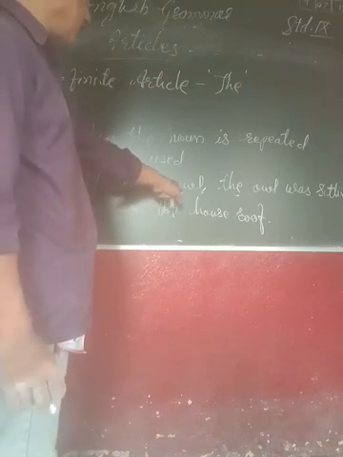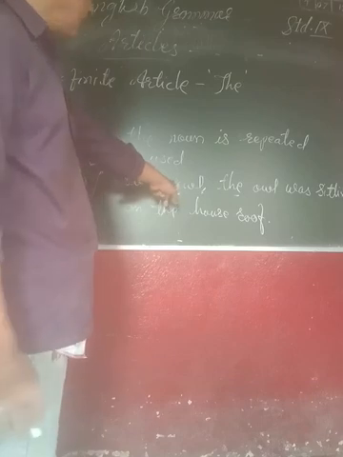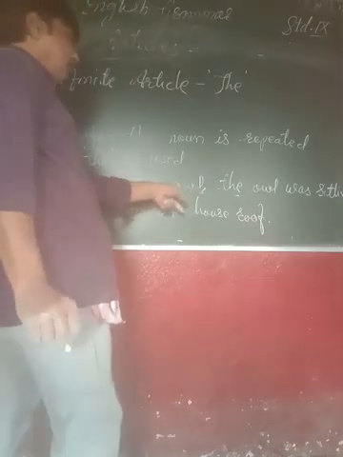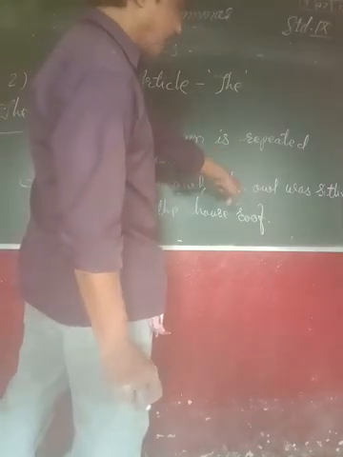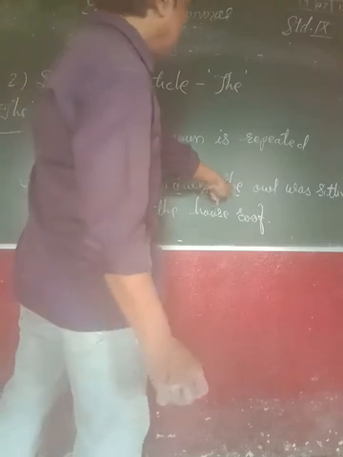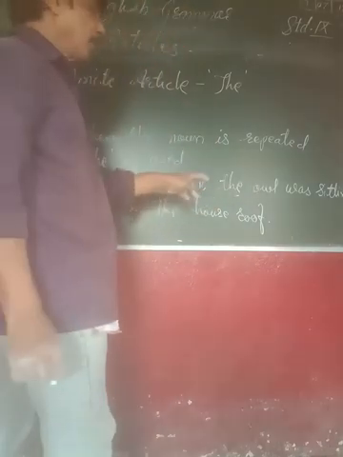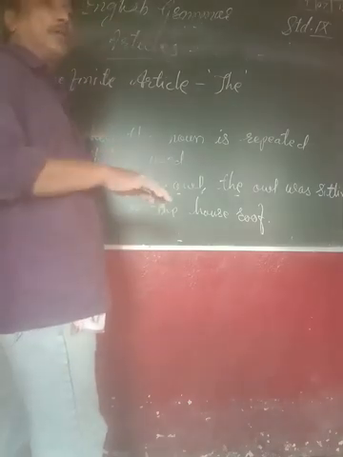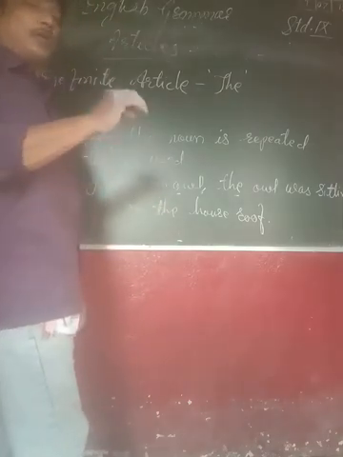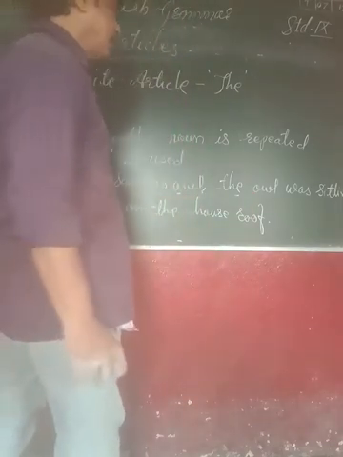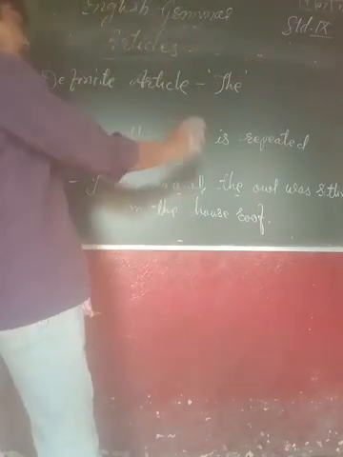That time "an" is taken because it begins with a vowel, right? O, and it is singular. So "an" is taken before O. But in the second sentence, which is the adjoining sentence, "the" is taken before it. Why? Because the noun is repeated, and showing that particular owl, "the" is used before this noun. Okay? So that way.